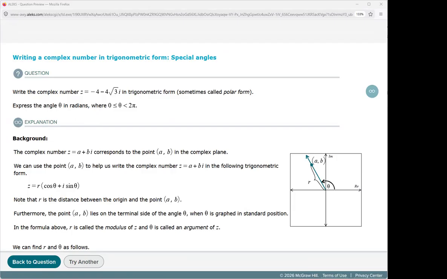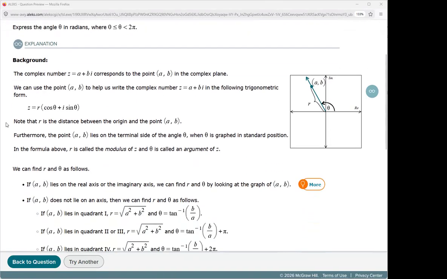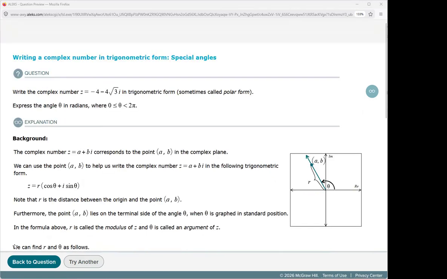Okay, so we're going to change now. This is a little harder. It's more work going from the complex number into polar or trig form. So complex to polar, that's what we're saying. Remember that when they give you a problem, a is the real number part, b is the complex part. So we have a = -4 and then -4√3 for the b.